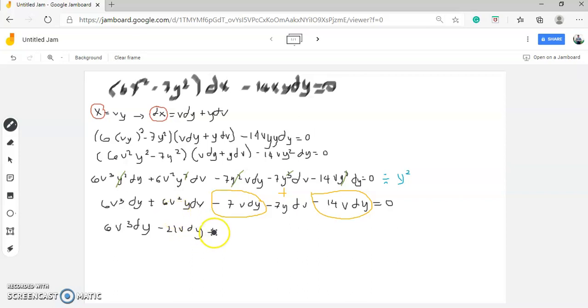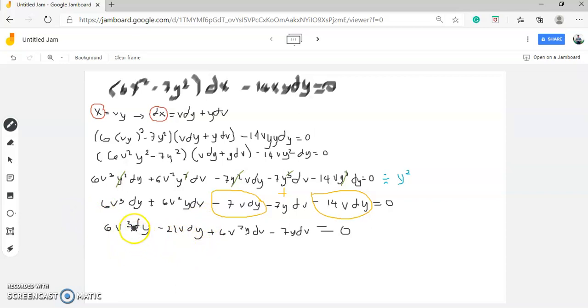plus 6v squared y dv minus 7y dv, right? Equals 0. After that, this dy, what is the common?